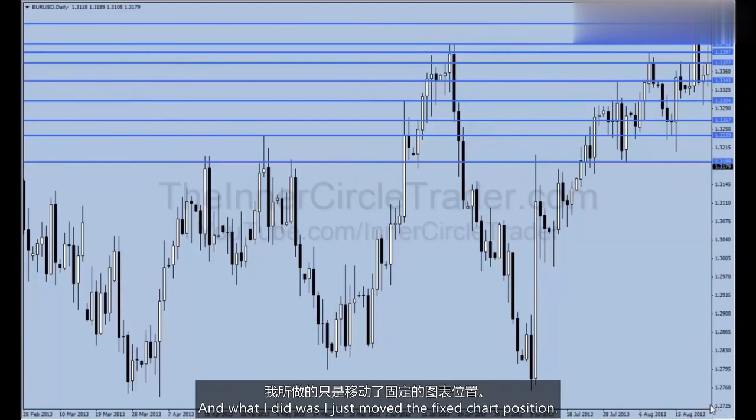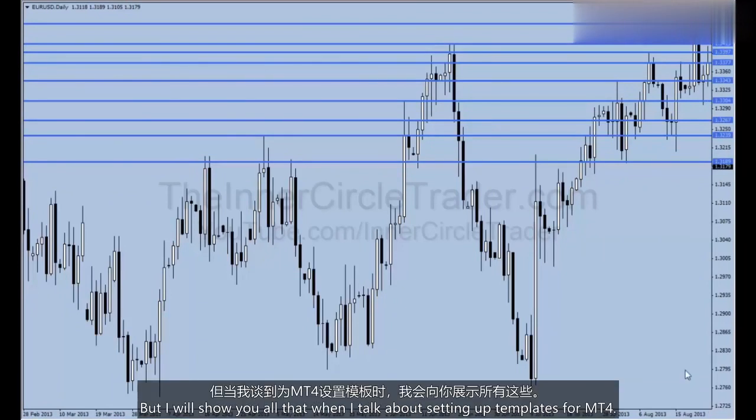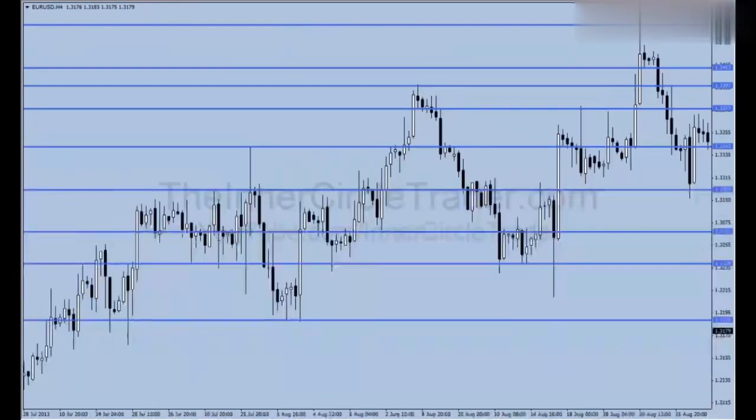Okay, and what I did was I just moved the fixed chart position, and it's just a little difficult to see here, but I will show you all that when I talk about setting up templates for MT4 and how you can maneuver around. So we're going to do a 4-hour chart.